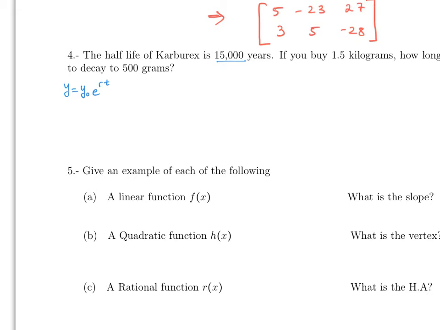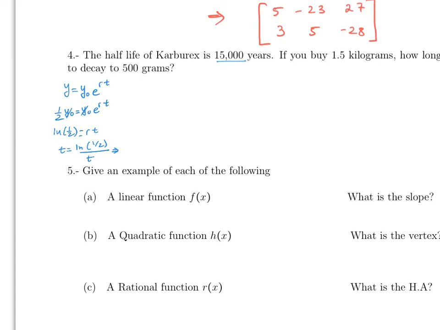And we did this before, so the half-life means that after some time you will have half of the original amount, and this cancels. Ln of 1/2, which was minus 0.69, is just equal to rt, or t is equal to ln of 1/2 divided by the time.